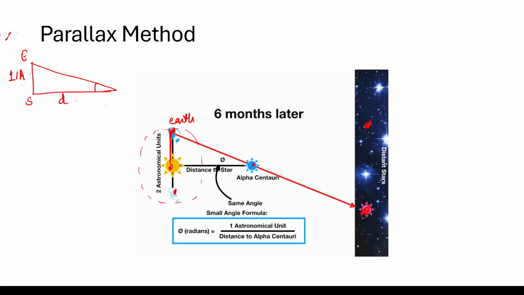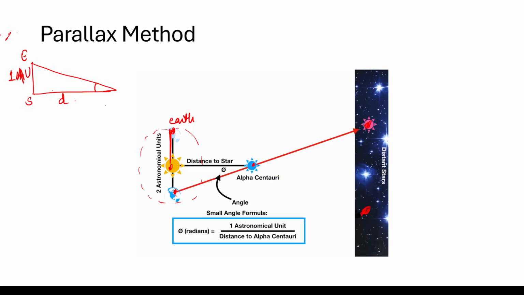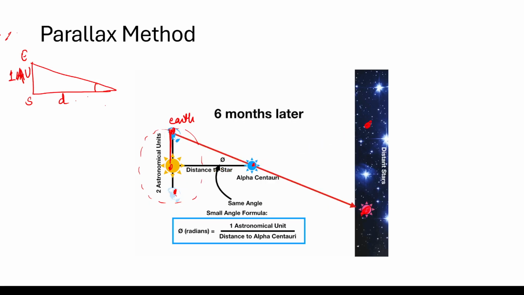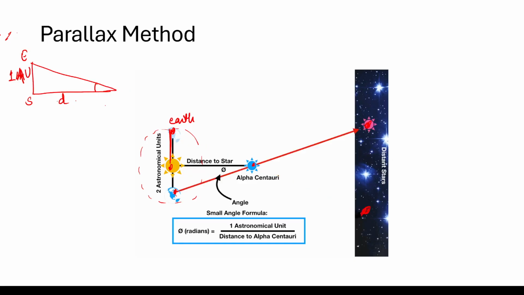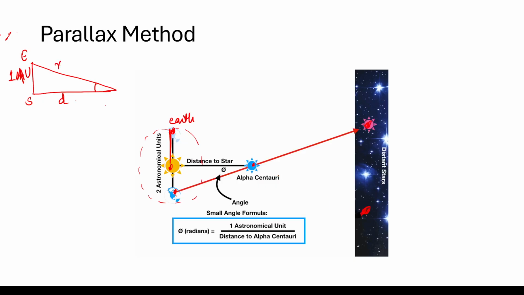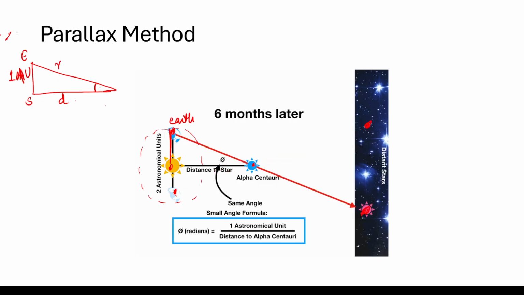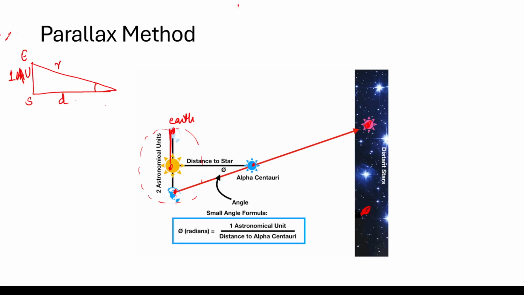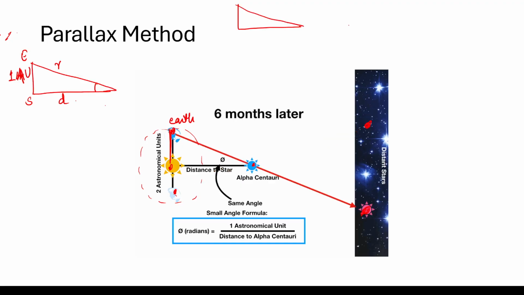Now this is the distance from the star. The Sun and the Earth will almost have the same distance, because this is 1 AU, and generally the distance from the Earth and Sun to the star is so huge that you can almost take this R as equal to D, because the angles are very small. See, I'll explain what I just said. This is your triangle, and this is another triangle.